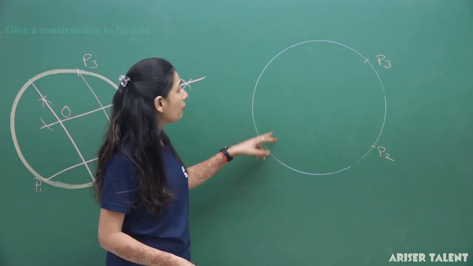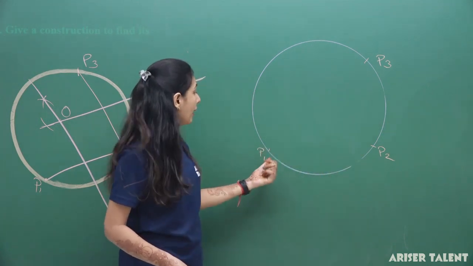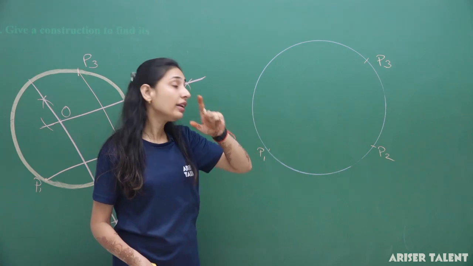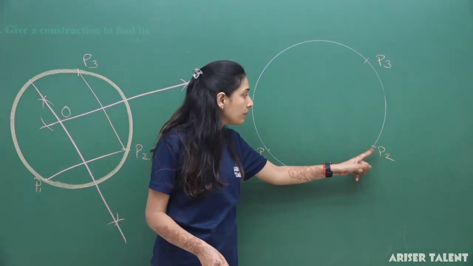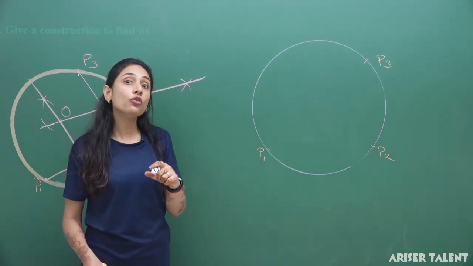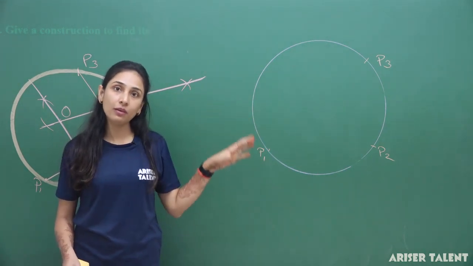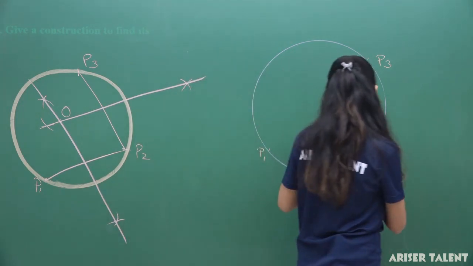You can even have P1P3 as one chord and P3P2 as another chord, or P1P2 as one chord and P2P3 as another. And if you have P1P3, P3P2 and P2P1 as three chords, then it's also okay. If you draw the perpendicular bisectors of these 3 chords, they will intersect at a single point, the center, right. So what will you do now?